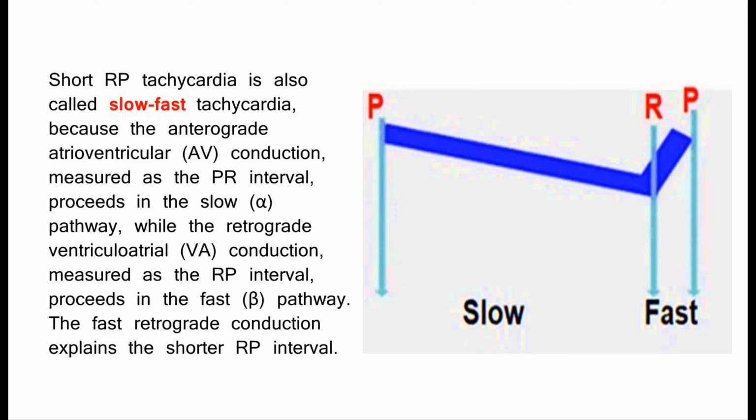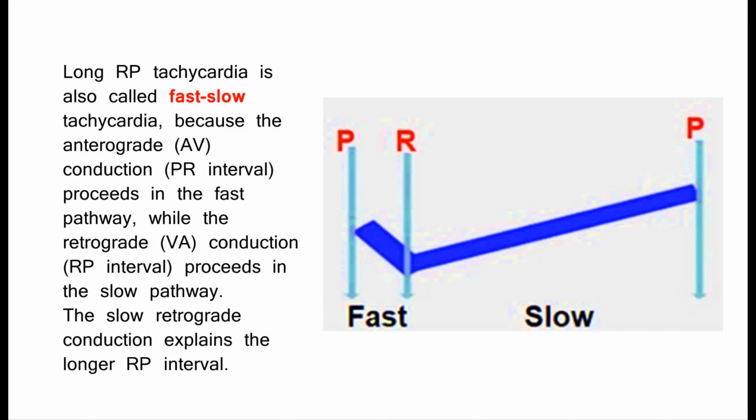The fast retrograde conduction explains the shorter RP interval. Long RP tachycardia is also called fast-slow tachycardia, because the anterograde AV conduction, PR interval, proceeds in the fast pathway, while the retrograde VA conduction, RP interval, proceeds in the slow pathway. The slow retrograde conduction explains the longer RP interval.